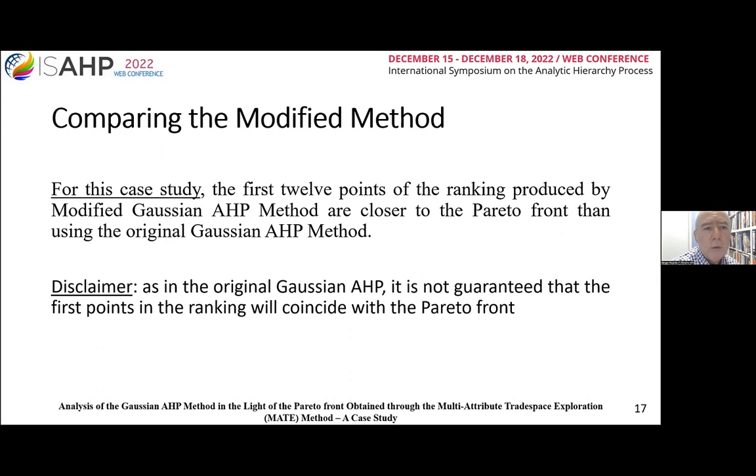We have to make this disclaimer, as in the original Gaussian AHP method, it's not guaranteed that the first points in the ranking will coincide with the Pareto front. For example, if you take another very popular method like ELECTRE 2, it's guaranteed that the first points of the ranking generated by the ELECTRE method will coincide with the Pareto front.